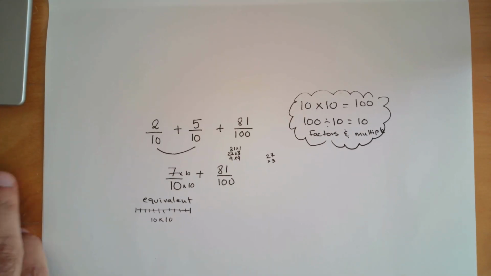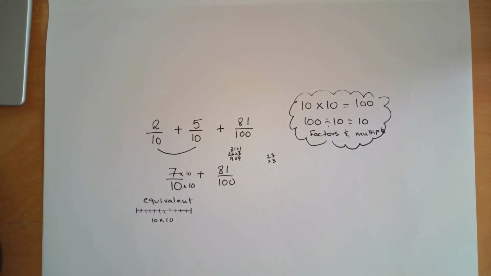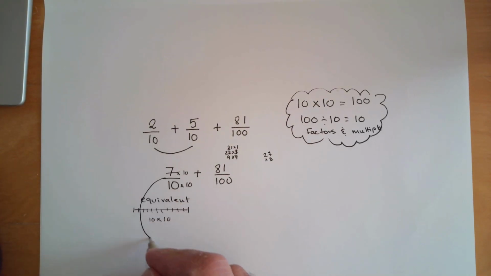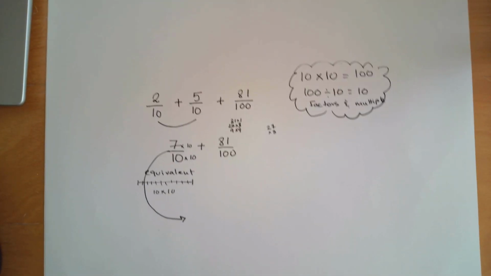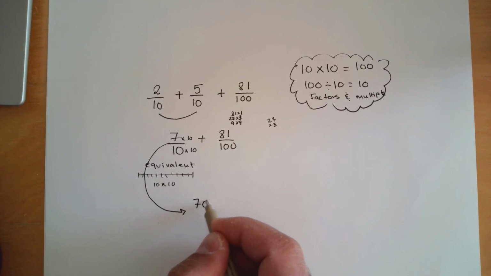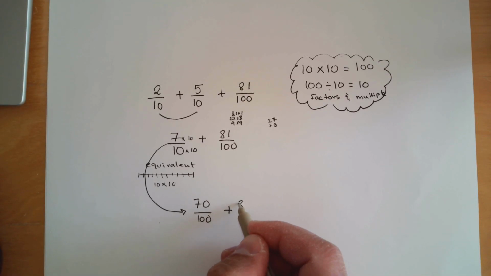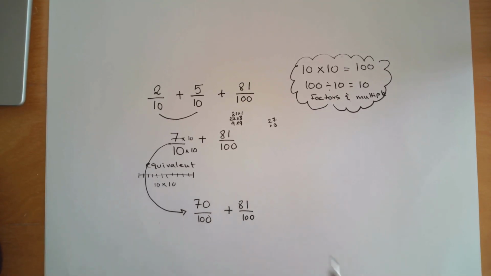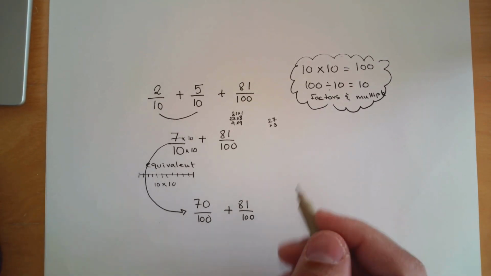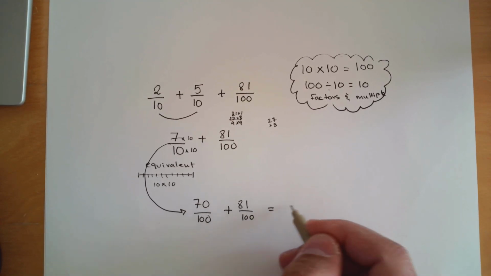So 7 tenths becomes the same amount but partitioned differently into 70 hundredths. So I now have 70 hundredths and 81 hundredths. They are the same partition. I can definitely add those two.